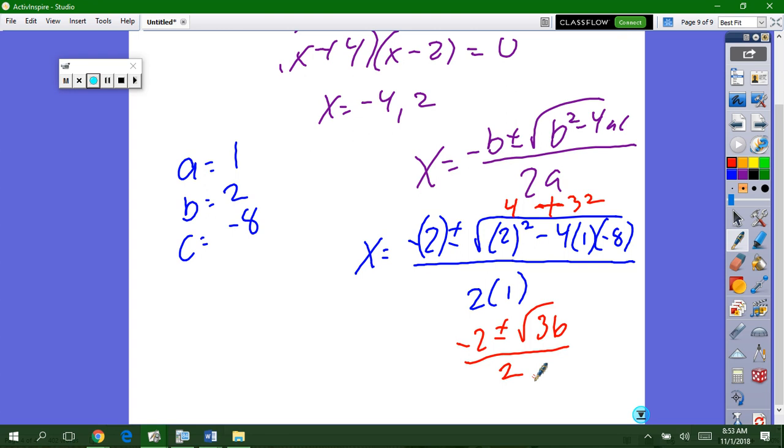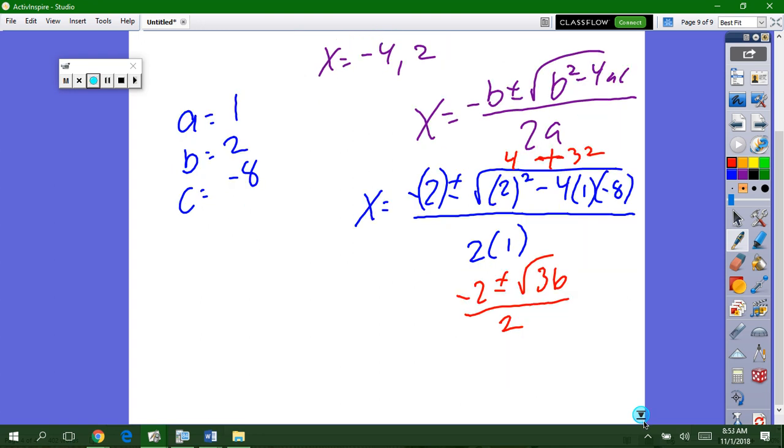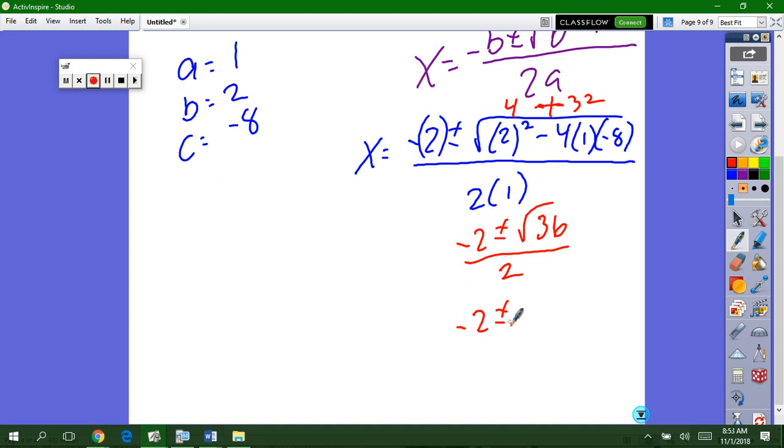So once again, we like to see square roots in there that can be simplified. Hence why we've learned all this other stuff before we do this stuff. They have a connection going on. Negative 2 plus or minus square root of 36 is all over 2.